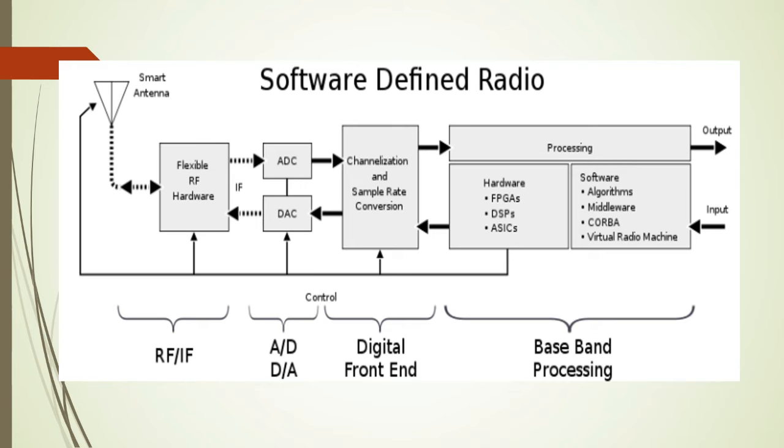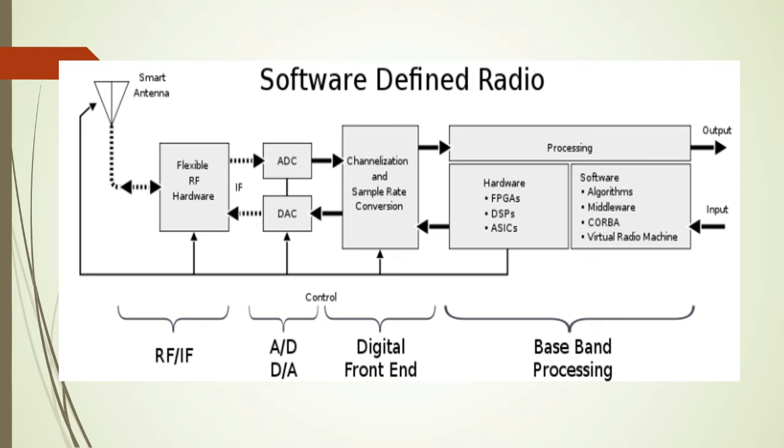So here is the smart antenna. This section is the transmitting antenna and receiving antenna. This is the intermediate frequency. This is analog to digital conversion and digital to analog conversion. This is the front end. Then this is the software section, that is baseband processing.